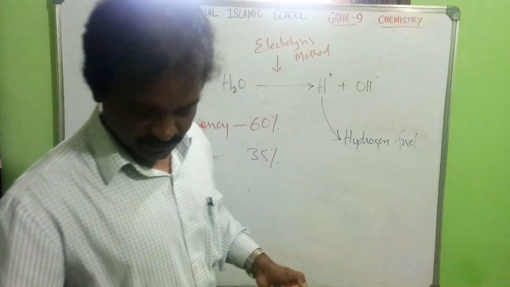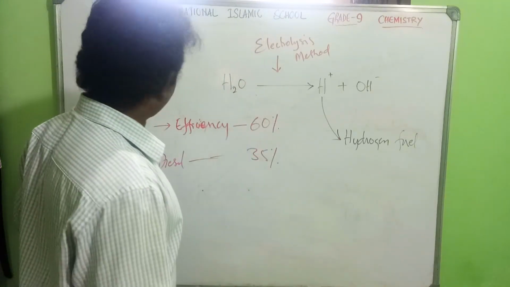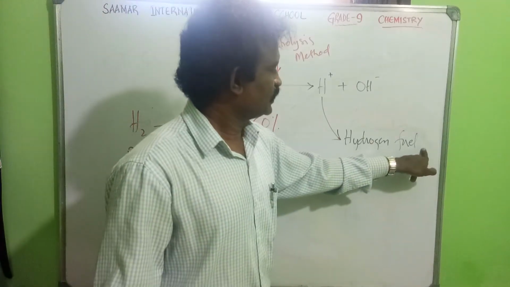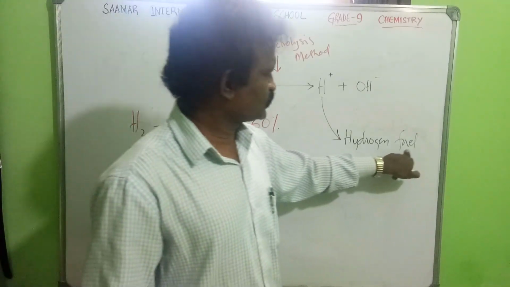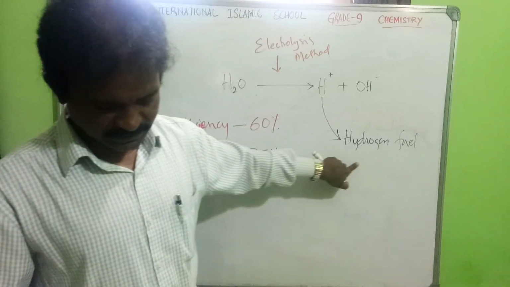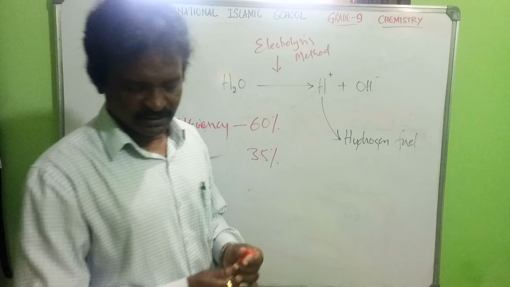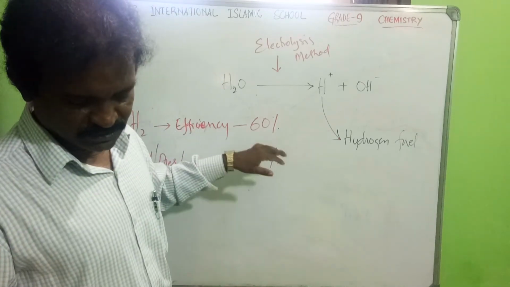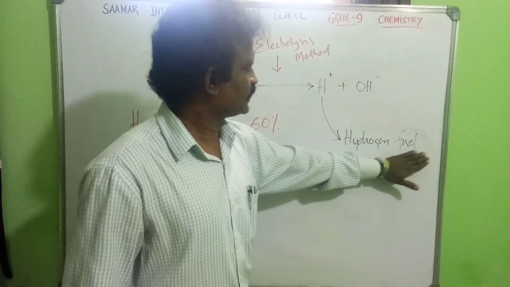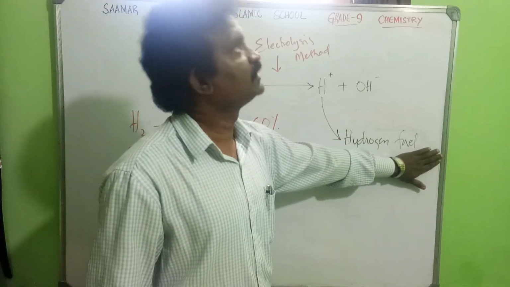If you see where hydrogen fuel cells are already used, in the US, the first vehicle to run on hydrogen was the rocket of the US space program. So they started using hydrogen fuel in spacecraft.